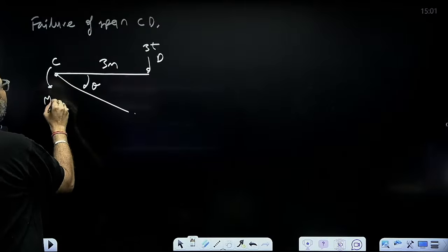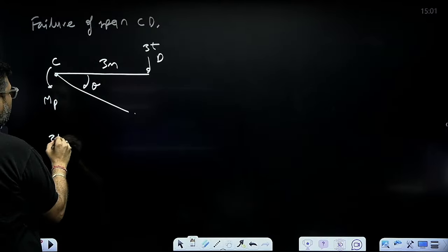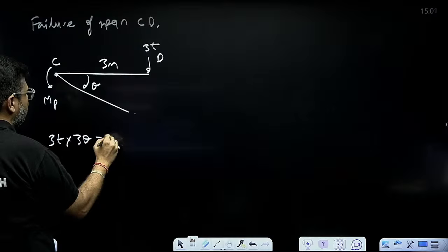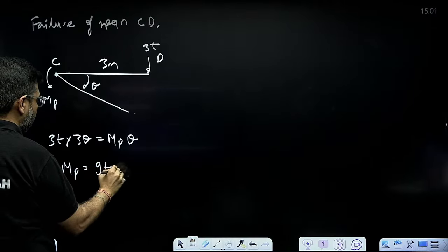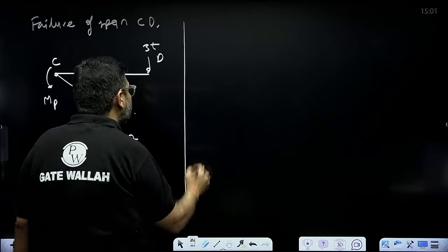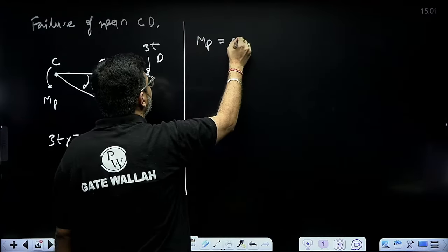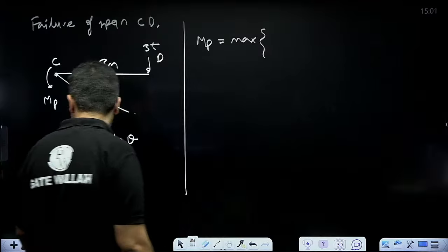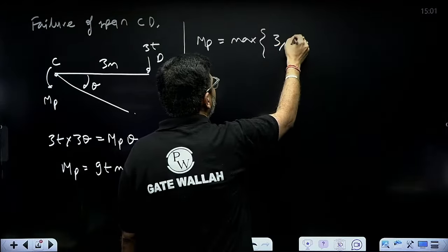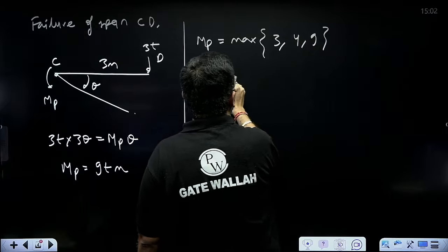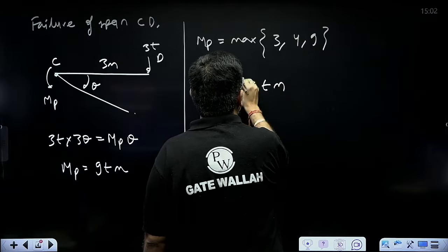So 3T into 3 theta is equal to MP theta. So MP is equal to 9 ton meter. MP is the maximum of all the values, maximum of 3, 4 and 9. The answer is 9 tons meter.